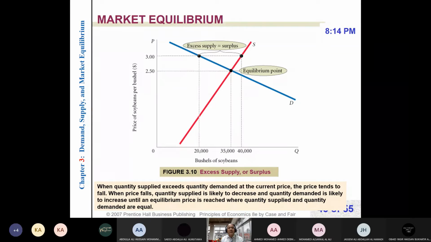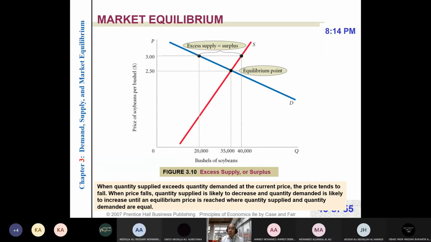At each single price, we can read what quantity will be purchased, and what quantity will be sold or produced, from the curves. So now I need first to ask you, at 3 dirhams per kilo, what will be the quantity demanded? Read the information from the graph.